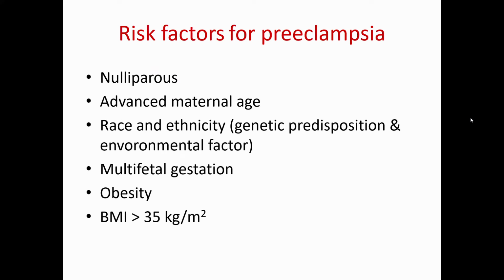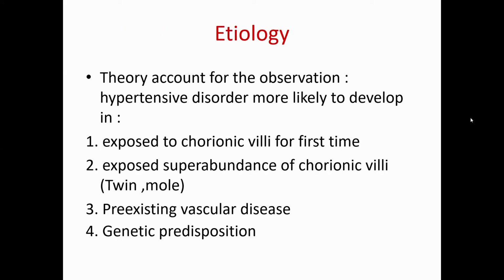So lots of research has been made till date, but exactly what is the cause of a lady developing hypertension in pregnancy is not known. But still, there are certain postulated theories like nulliparity, advanced maternal age, certain race and ethnicity, multifetal gestation, and obesity with a BMI more than 35 kg per meter square, which are the risk factors for hypertension in pregnancy.